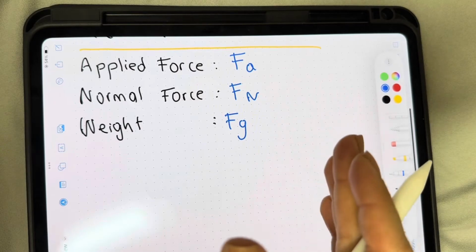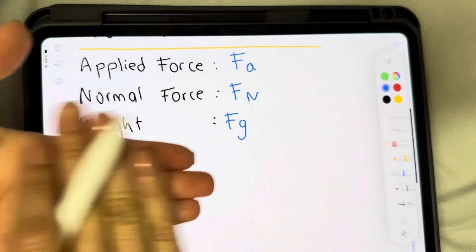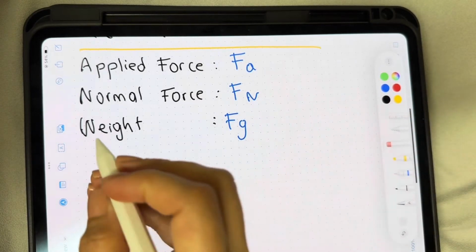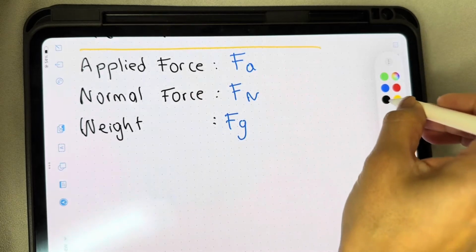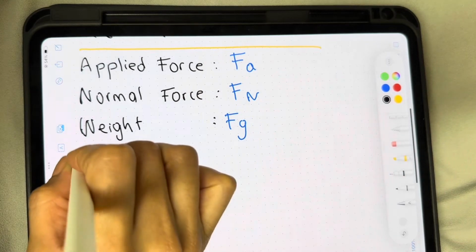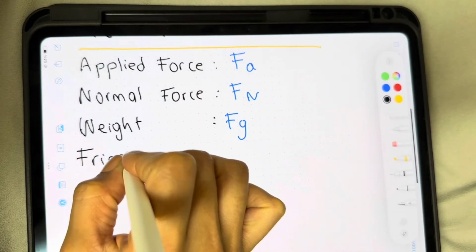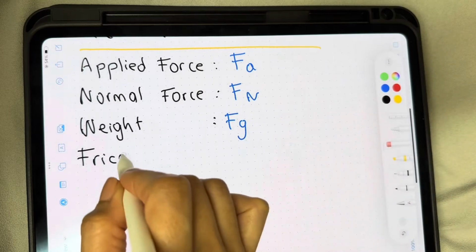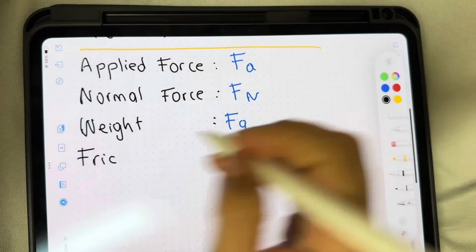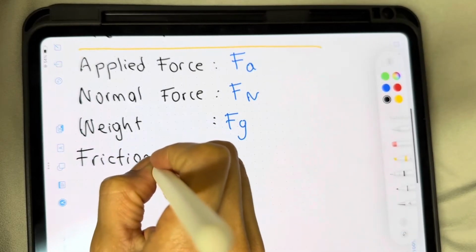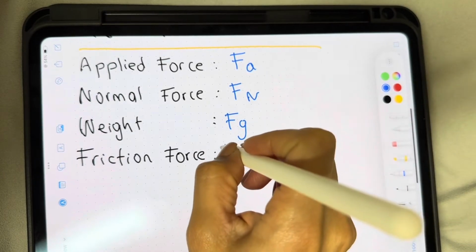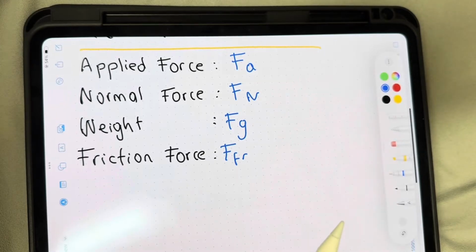And if the object is in motion and in contact with another surface, that is what we know as friction, and we represent that as FFR.